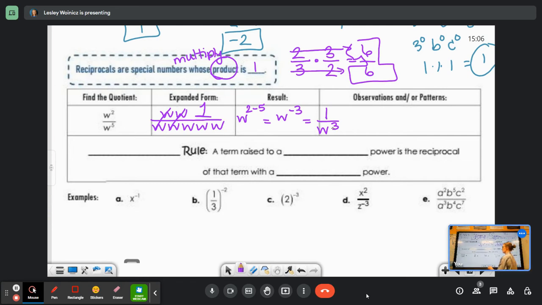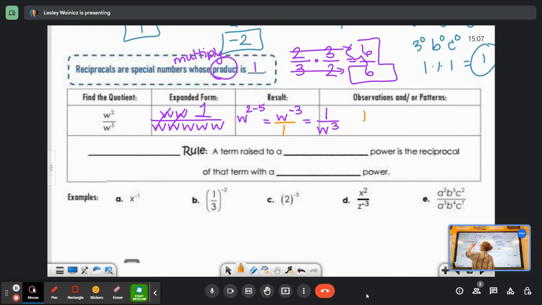So what is hiding in the denominator under the w to the negative 3? A 1. Do you see how these are reciprocals? What's the one difference? Yeah, the negative power.